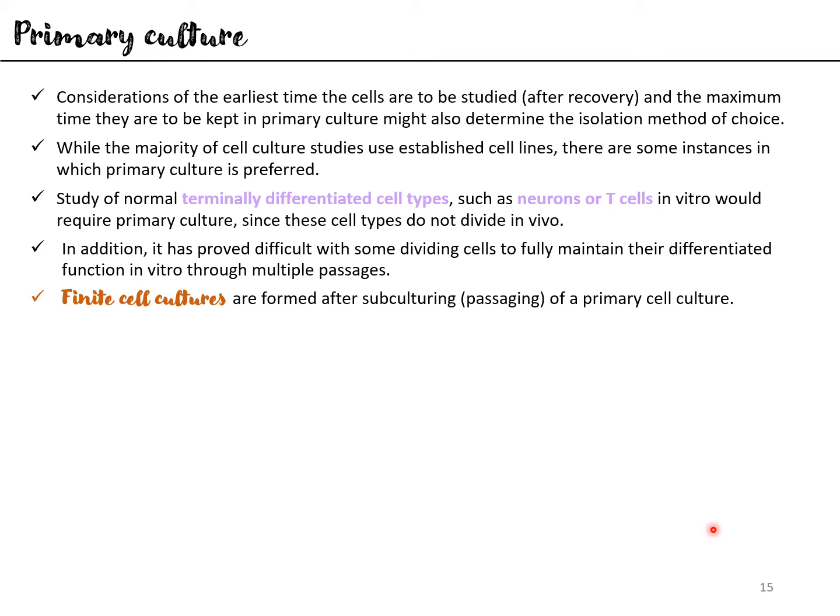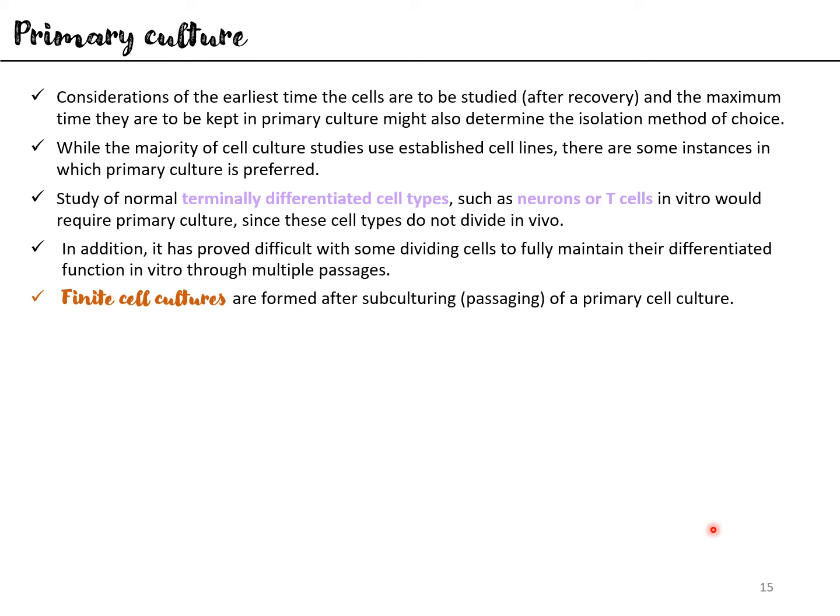Finite cell cultures are formed after subculturing of a primary cell culture because, as we have already discussed in our previous lectures on this topic, each and every living cell can only divide a certain number of times, after which it stops dividing. So these primary cell cultures would essentially comprise finite cell cultures.